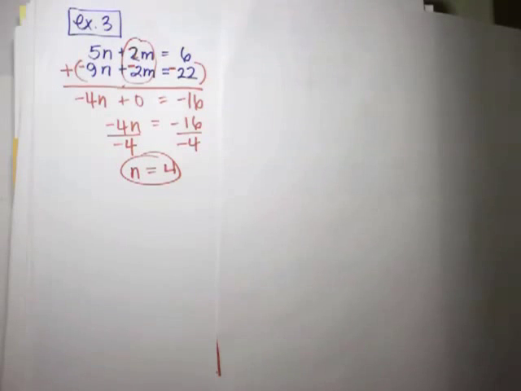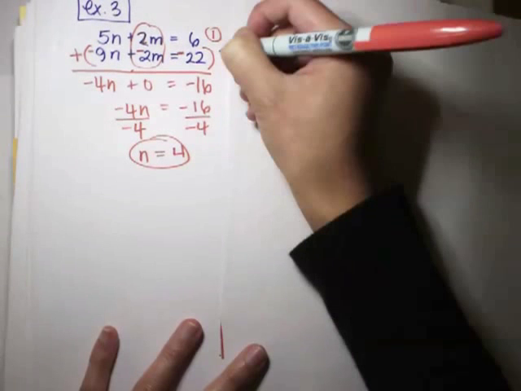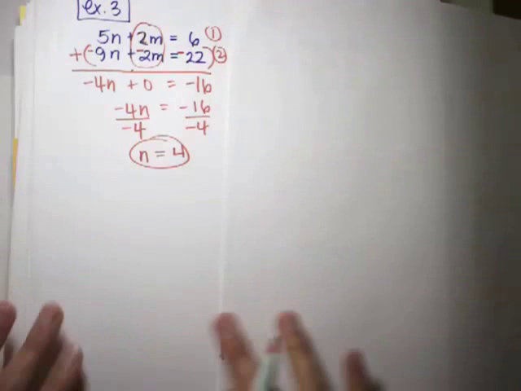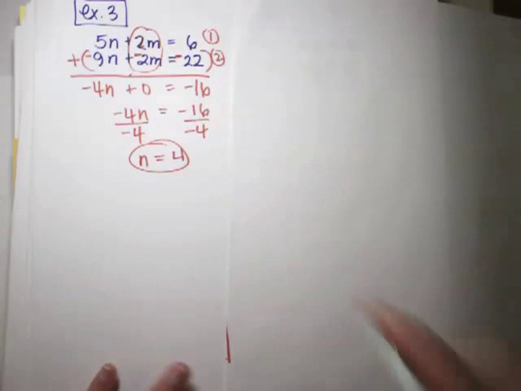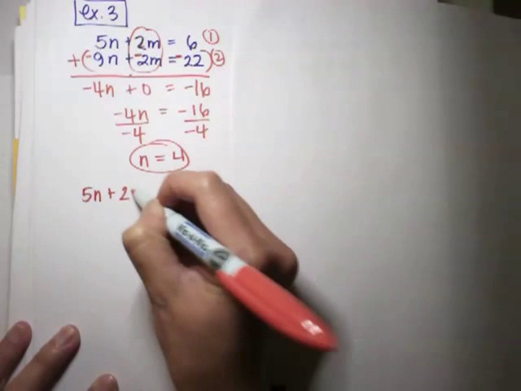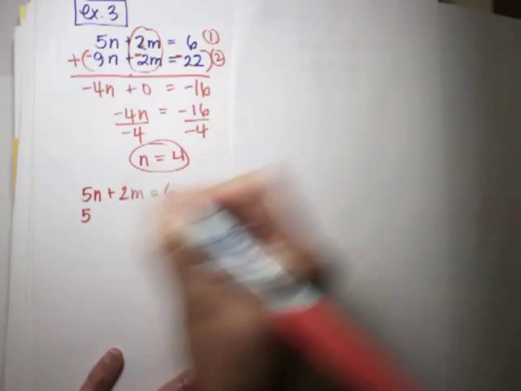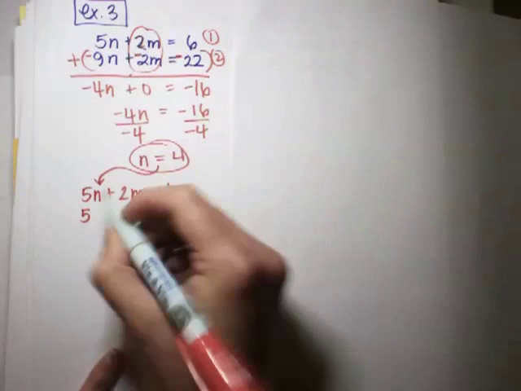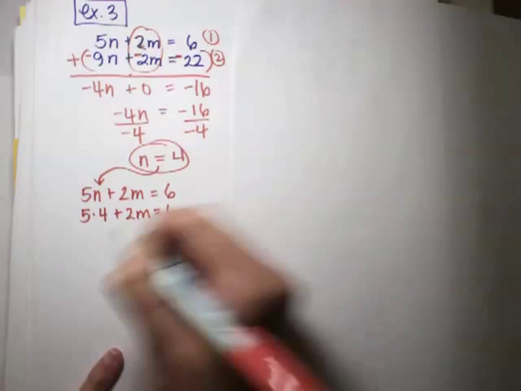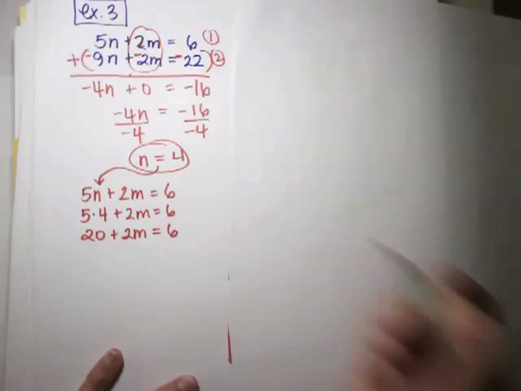Now after we have that variable's value, we can substitute back into either the first or second equation. Substituting back into our first equation, we rewrite it down here. Substituting n is equal to 4, we now solve for m.